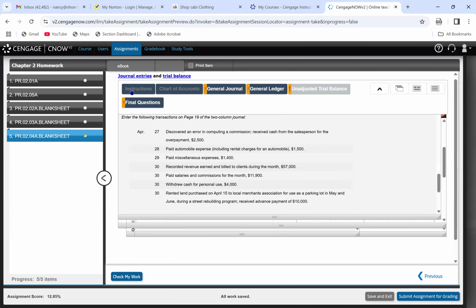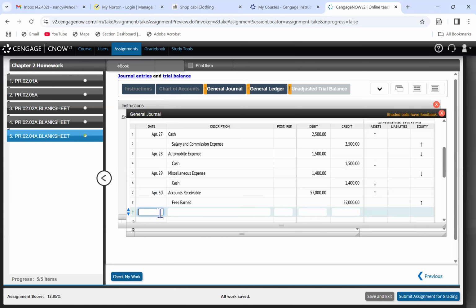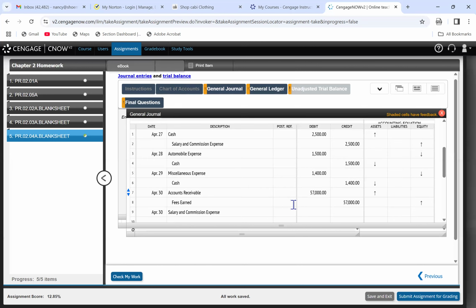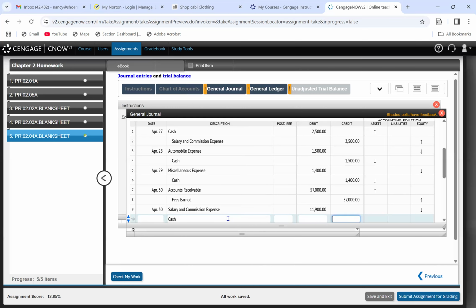Then we have paid salaries and commissions for the month, 11,900. April 30th, salary and commission expense of 11,900. And we will credit cash, 11,900.